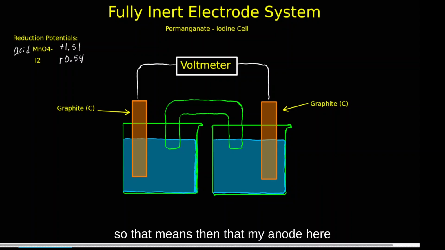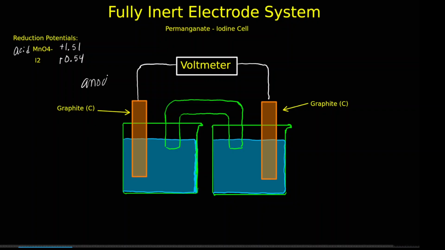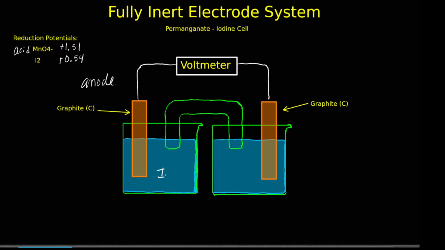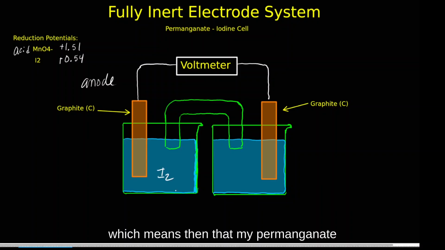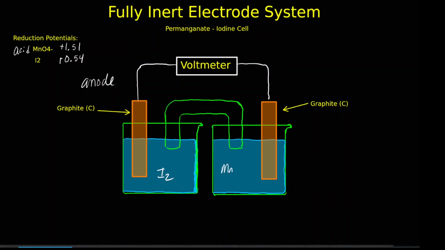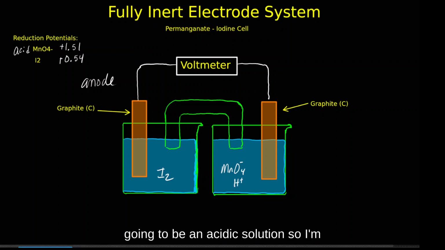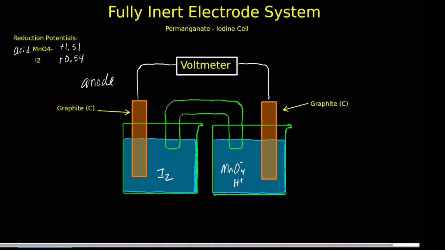So that means then that my anode here would have to be the iodine solution, which means then that my permanganate solution is on the other side. And it's going to be an acidic solution, so I'm going to put an H plus here.